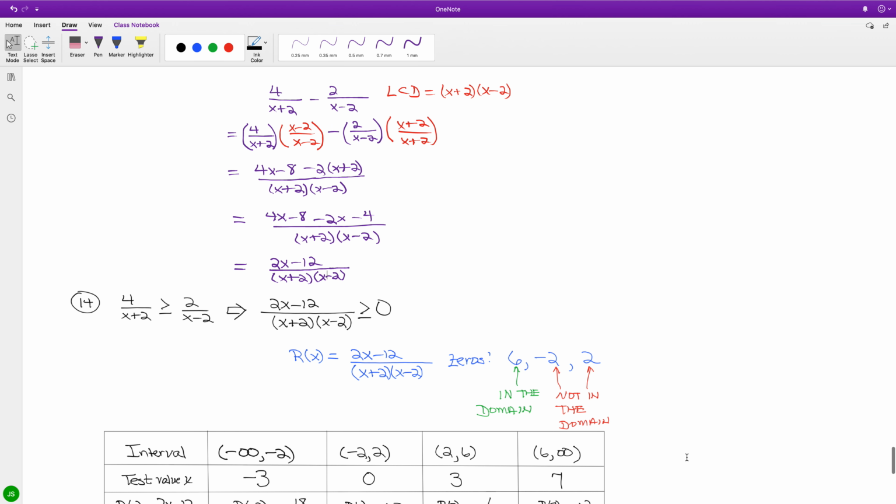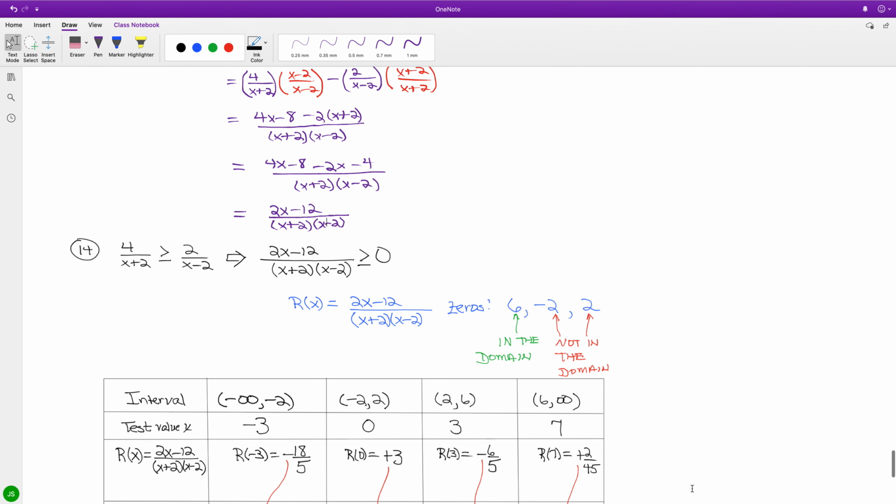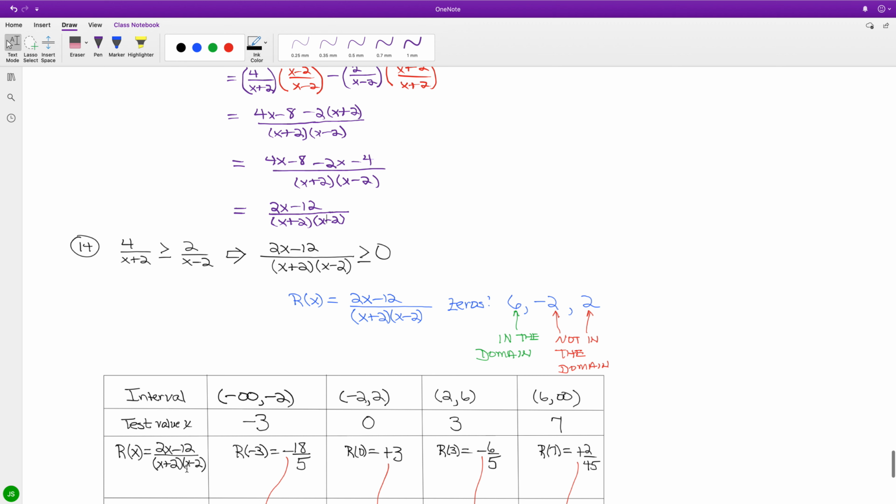And again, taking on test values of x. We have -3 as a value less than -2. 0 is a test value between negative and positive 2. 3 lies between 2 and 6. And 7 is a value greater than 6. For the outputs, with -3 as the input, the output is -18/5.